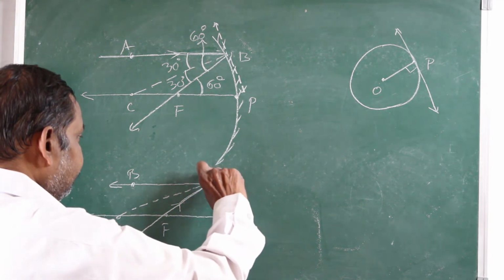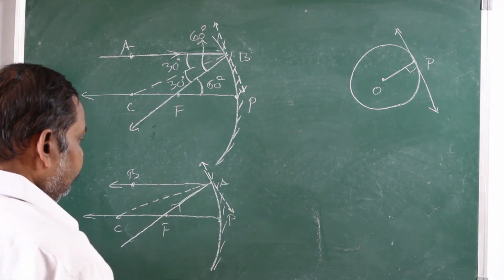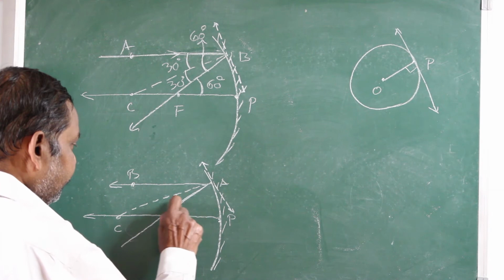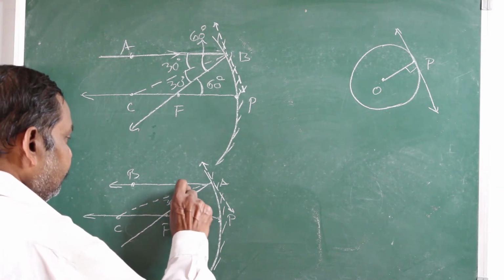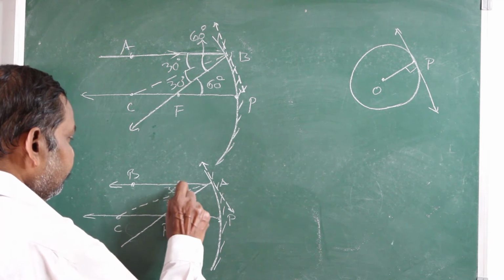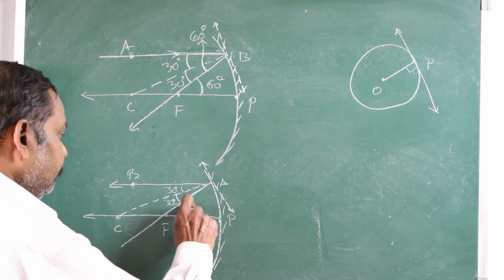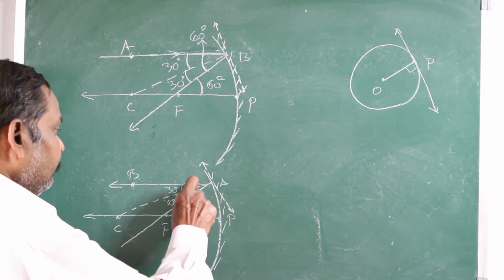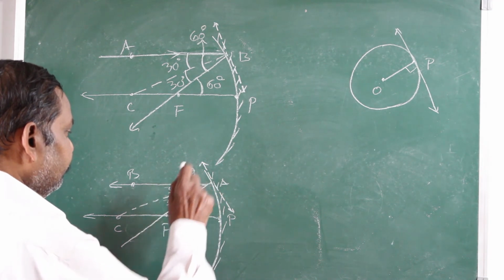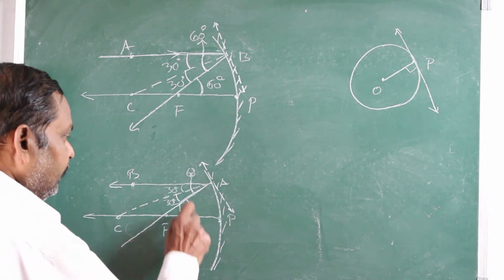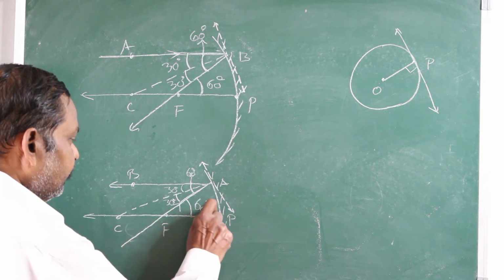If you have taken a tangential plane, CA will be the normal to the plane. So this was given 30 degrees angle of incidence, and this also will be the same 30 degrees. Angle of incidence is equal to angle of reflection. And now this full angle is 60 degrees, and these two are alternate interior angles, so this is also 60 degrees.